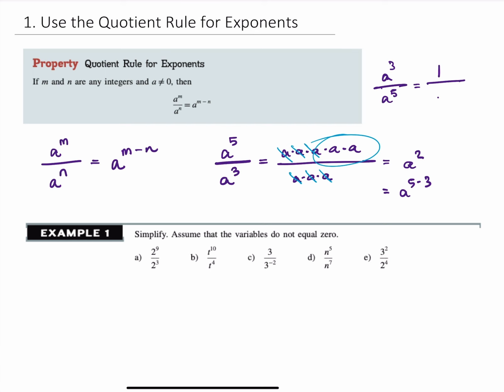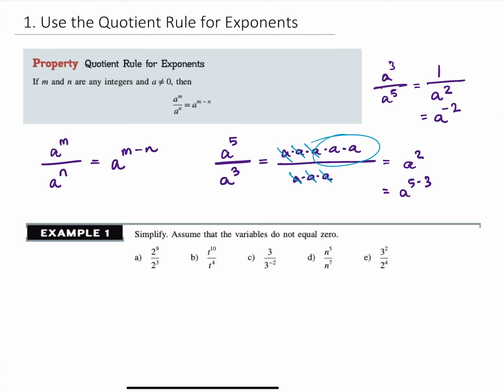So you would have 2 left in the denominator, which, based off of our rule with negative exponents, we could write as a to the minus 2 power, which you would get by taking 3 and subtracting the 5. So that's a couple different approaches to make this rule make sense. But overall, you can just apply this subtraction rule when you have the same base on the numerator and denominator and 2 different exponents.